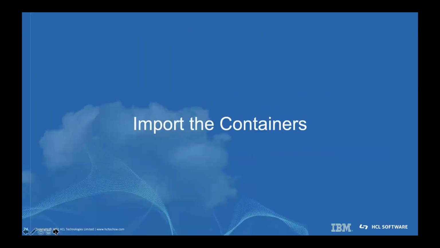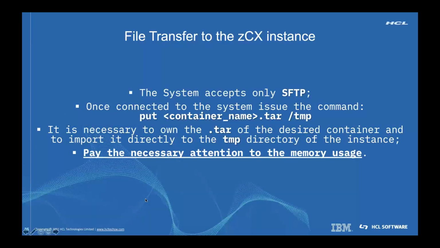Let's see how you can import the containers. It is very simple. The system accepts only the secure FTP protocol. Once you are connected to the system, you can issue the put container name command, and all that is necessary is that you must own the rights of the .tar of the container that you want to import.